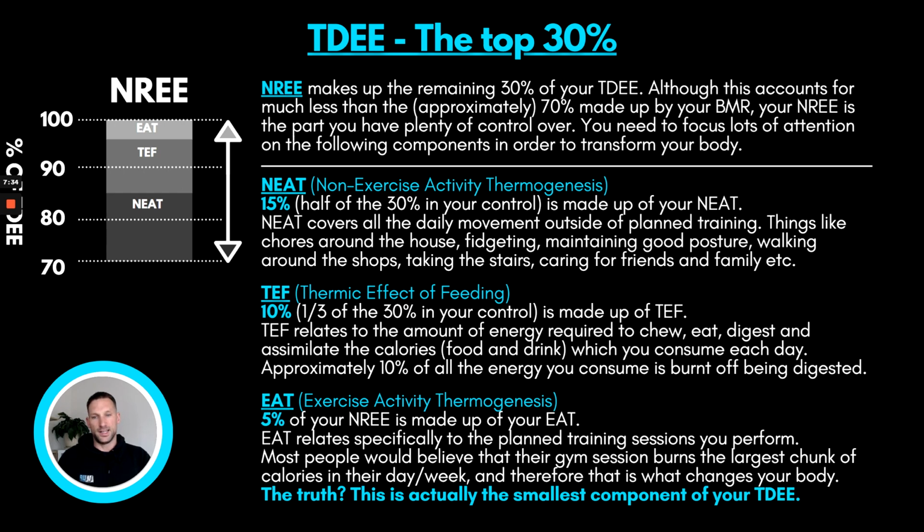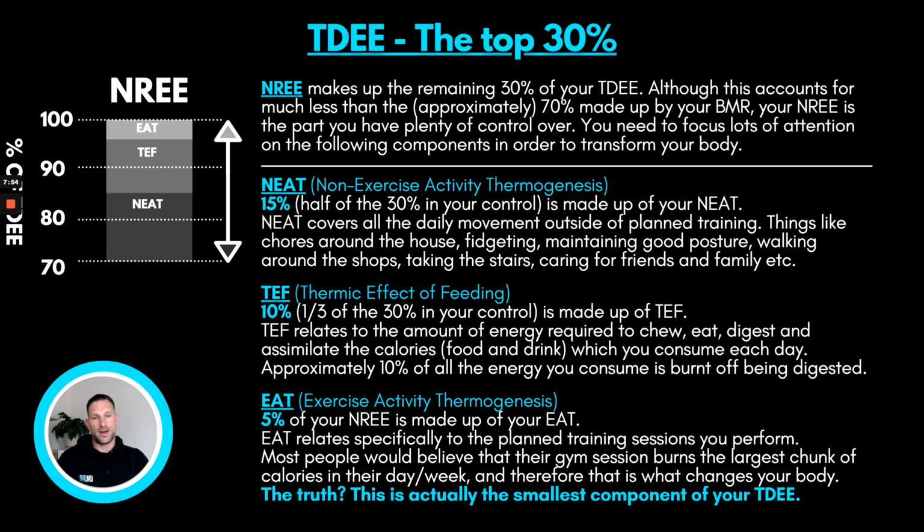Now, the next part is TEF, thermic effect of feeding, or thermic effect of food, you may hear it called. Roughly this is 10%, so again, this is a fairly substantial chunk of that 30% that's in your control. So 1/3 is made up of your TEF.